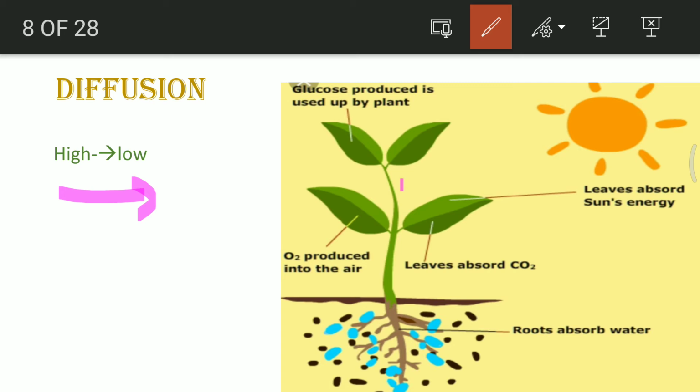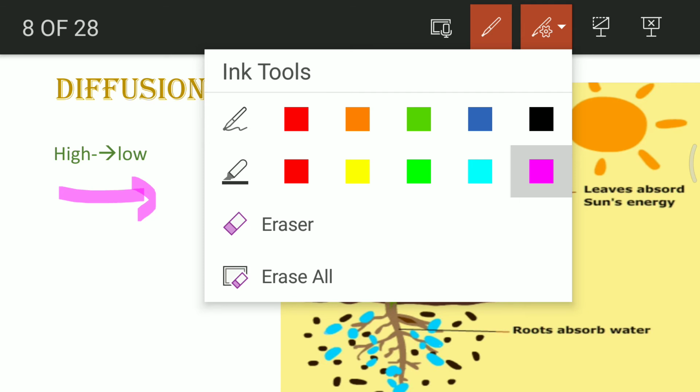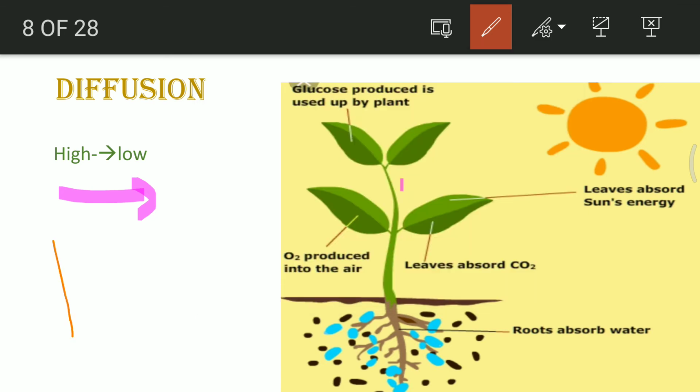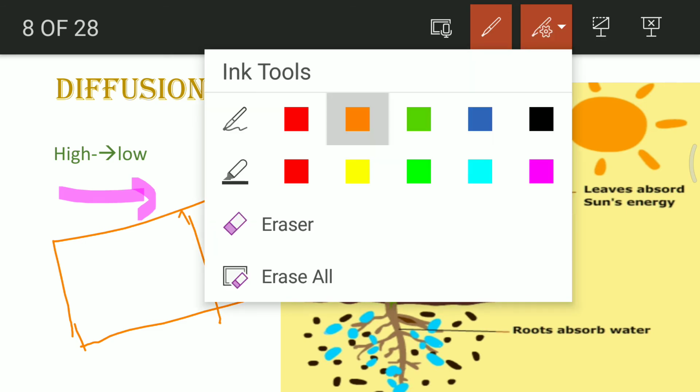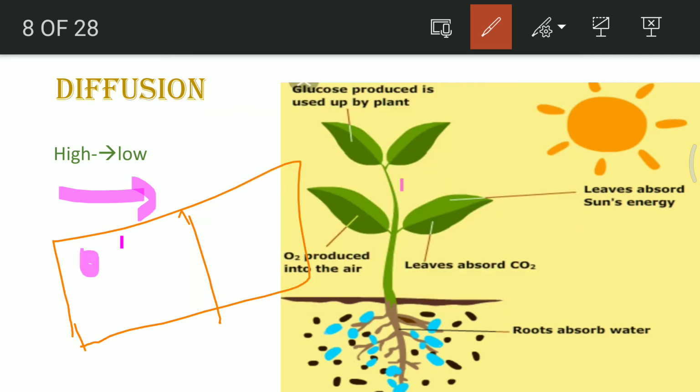So let me give you all a simple idea. Suppose these are two cells. The first cell has five water molecules, and the second one has four water molecules.